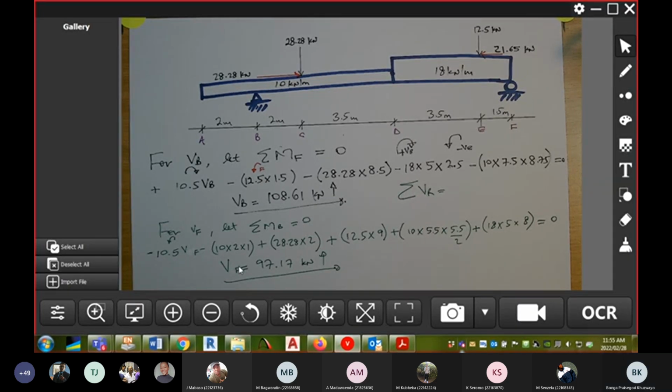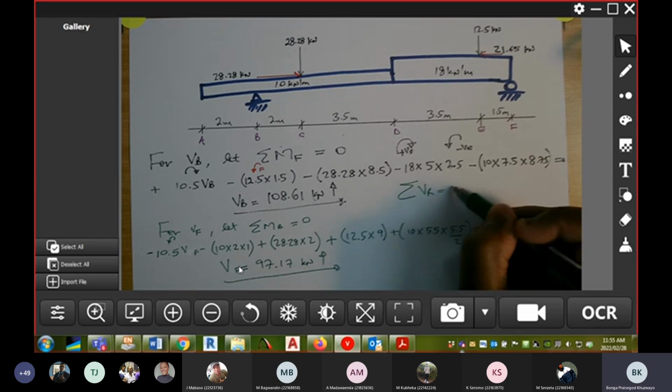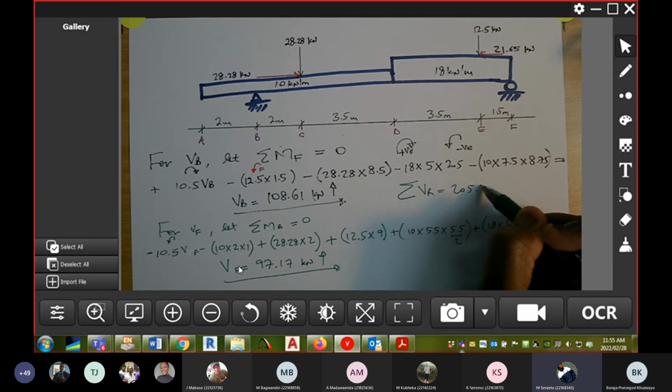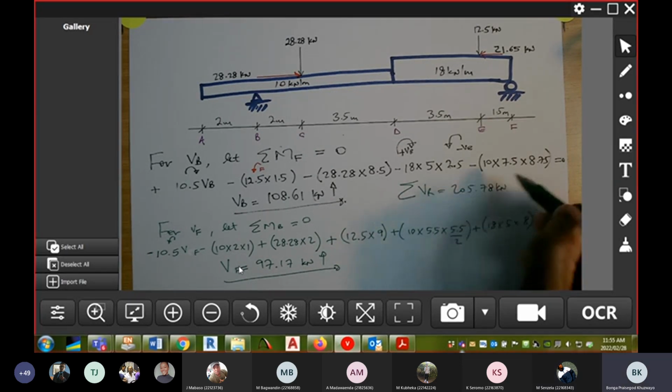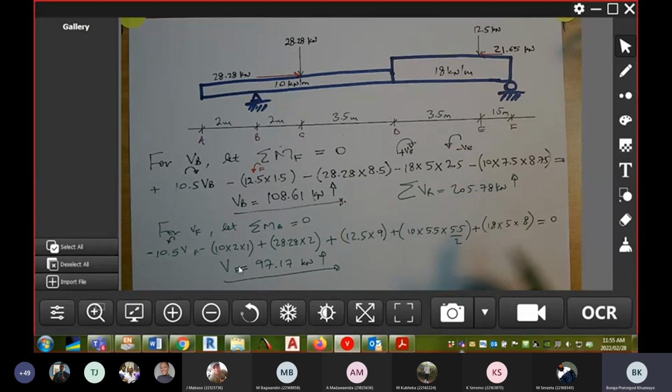What do you get? Okay, I'm getting 205.7, going up.